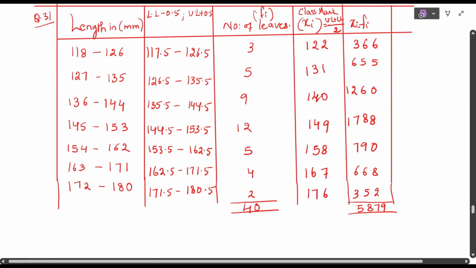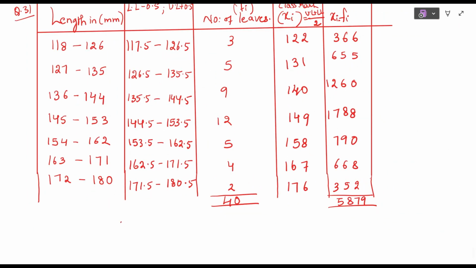So what is the formula, students? Mean is equal to x bar is equal to sigma xi fi by sigma fi. So apply the values, students. 5879 divided by 40.